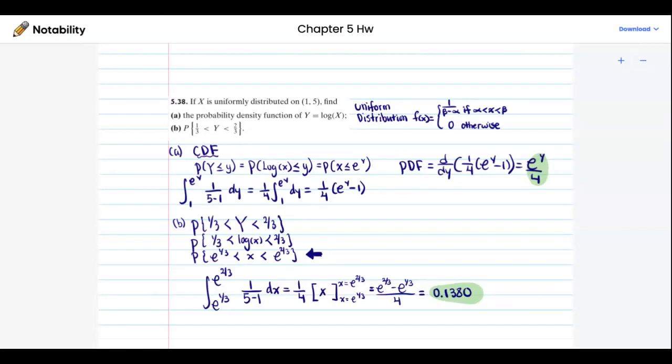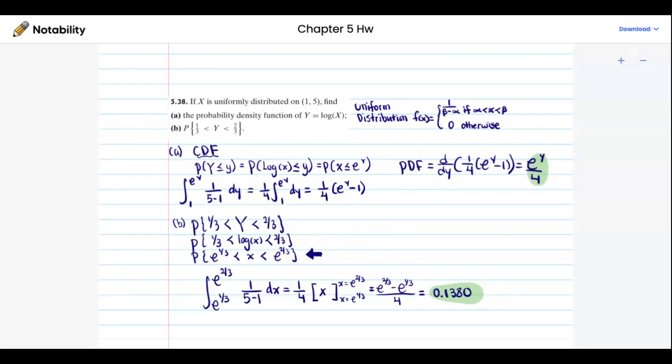We know the probability that Y is less than or equal to y, and then we convert it: log X is Y, so the probability that log X is less than or equal to y is also equal to the probability that X is less than or equal to e to the y, because we converted from log X to e to the y.